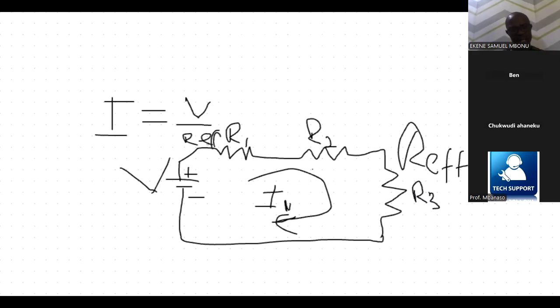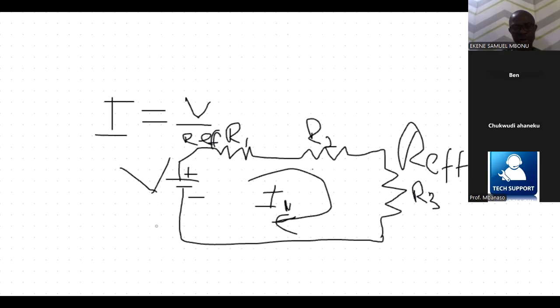So if this is 10 volts and R1 plus R2 and R3 summed up to be 10 ohms, then the current flowing through the circuit will be 1 amp.